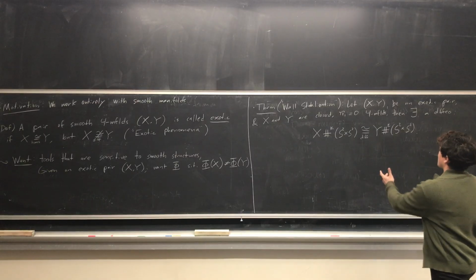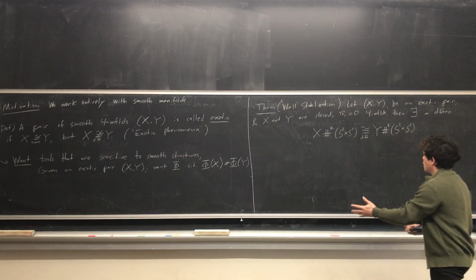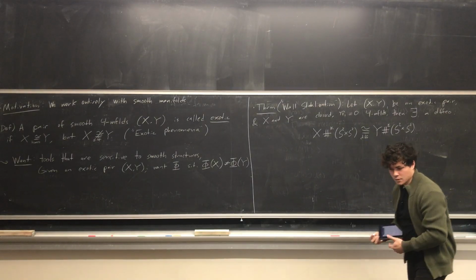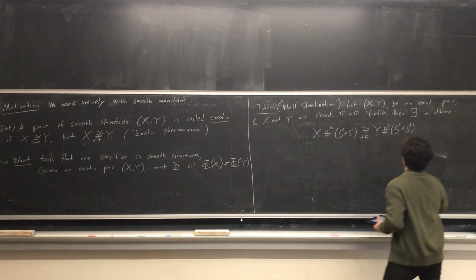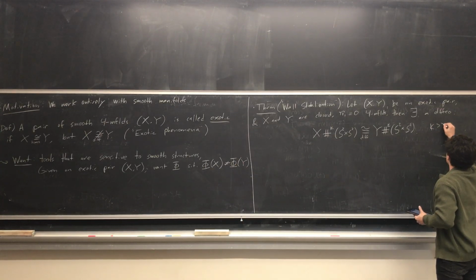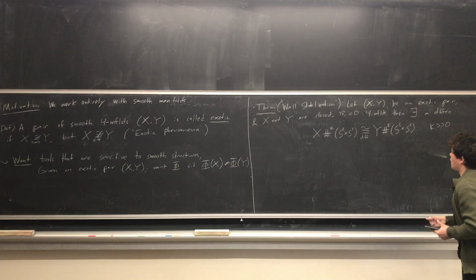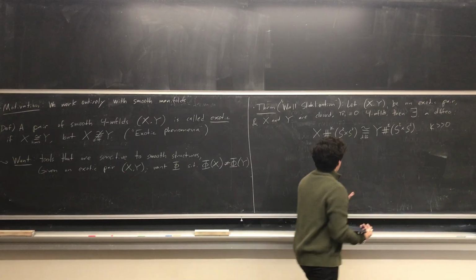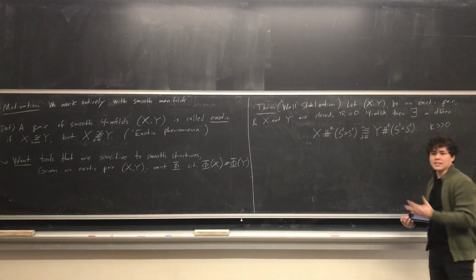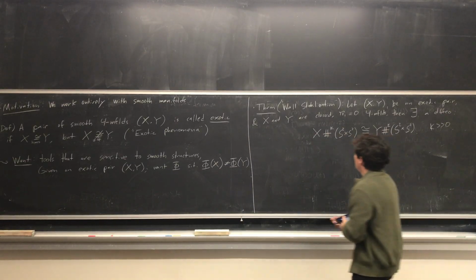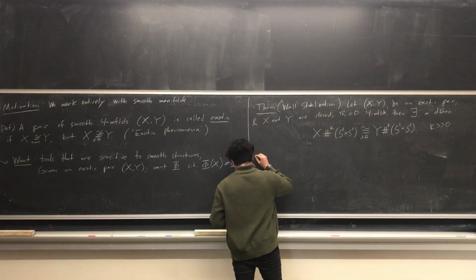So if I started with an exotic pair X and Y, and I take sufficiently many connect sums with S2 cross S2, so K is sufficiently large, then that exotic relationship is destroyed. They become diffeomorphic. Okay, they've stabilized.